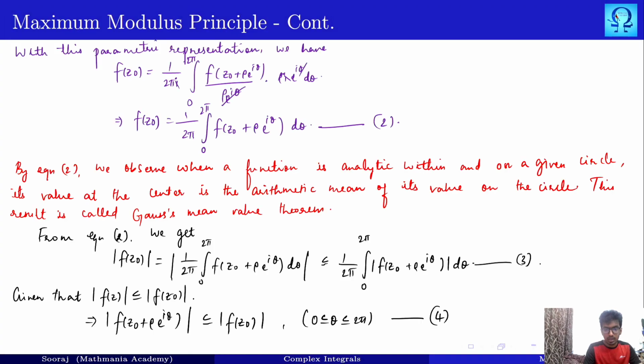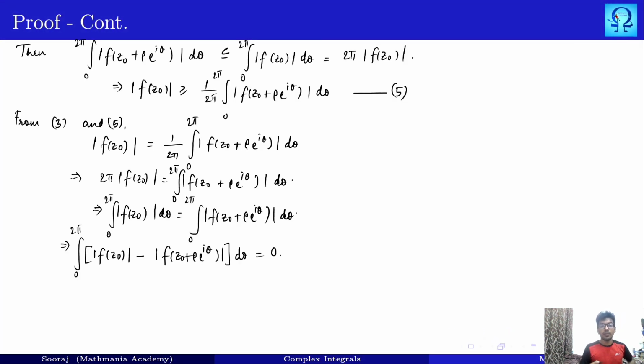So now using equation 4, one can verify that this quantity absolute of f of z is always a non-negative quantity. So when we integrate some non-negative quantity and get that to be equal to 0, this can happen only when the integrand itself is 0. Only when this is 0, that can happen.